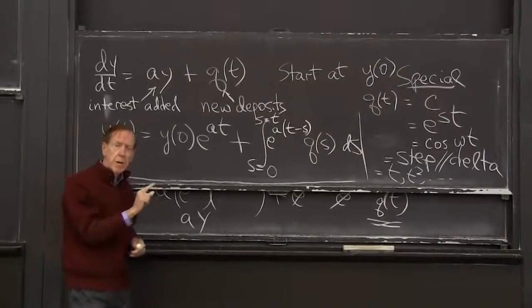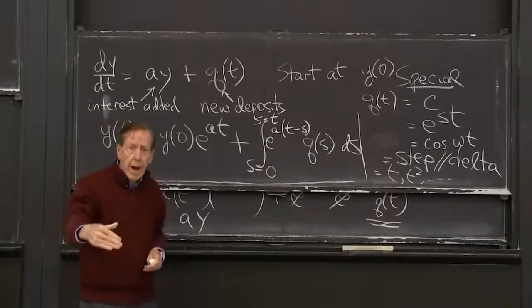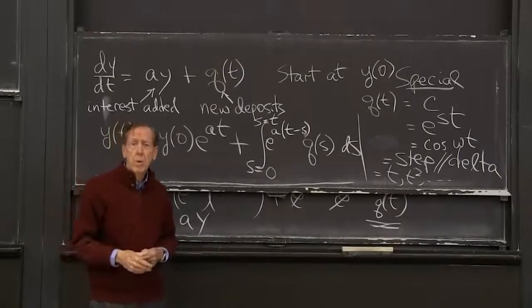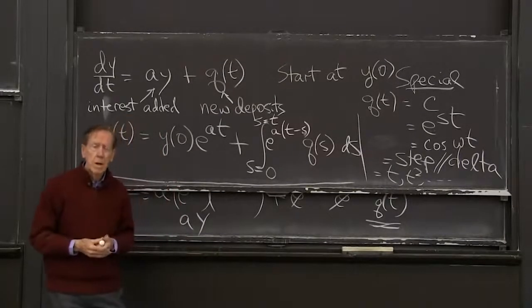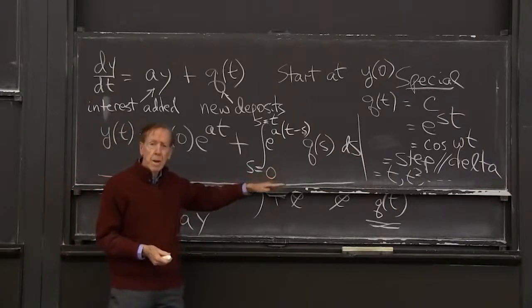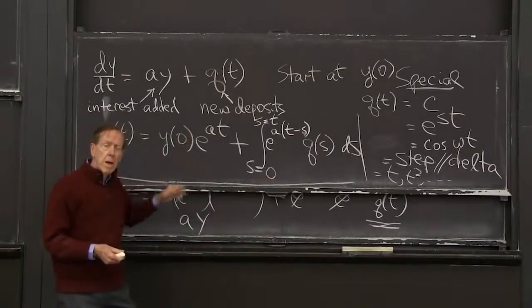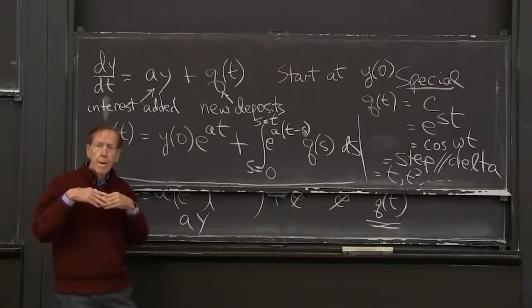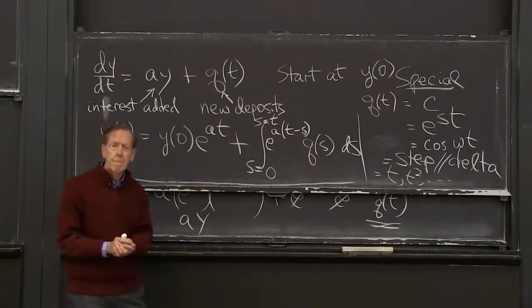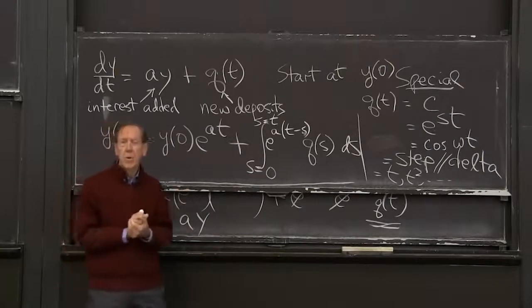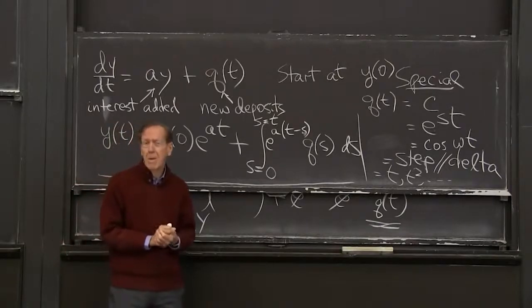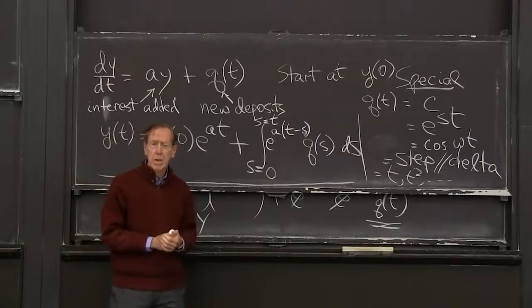So I'll let the interest rate change. And then after that comes the real step to nonlinear equations. So delta functions, varying interest rate, and then nonlinear equations. And then on to second order equations and all of the rest of the theory of differential equations. Good, thank you.